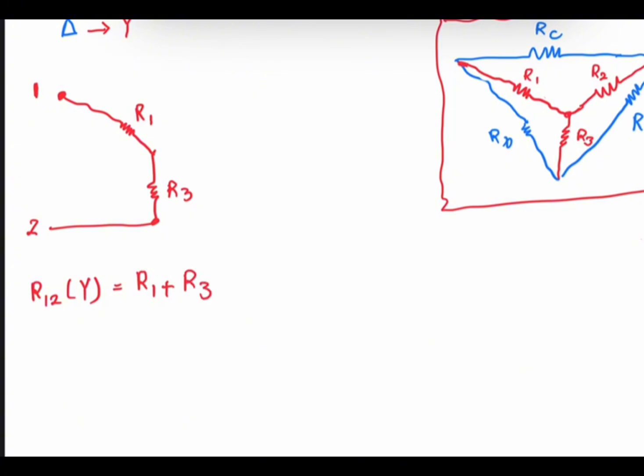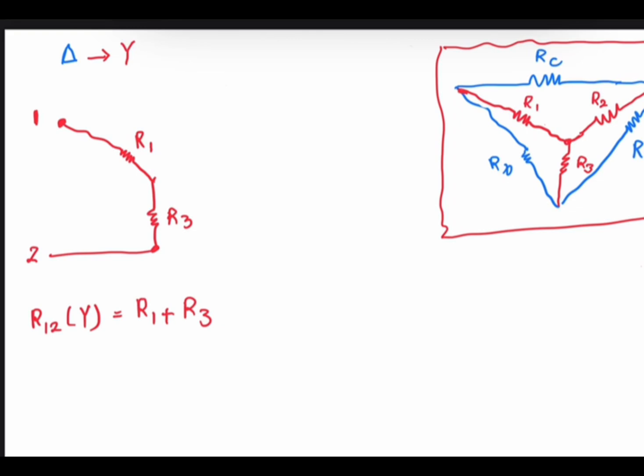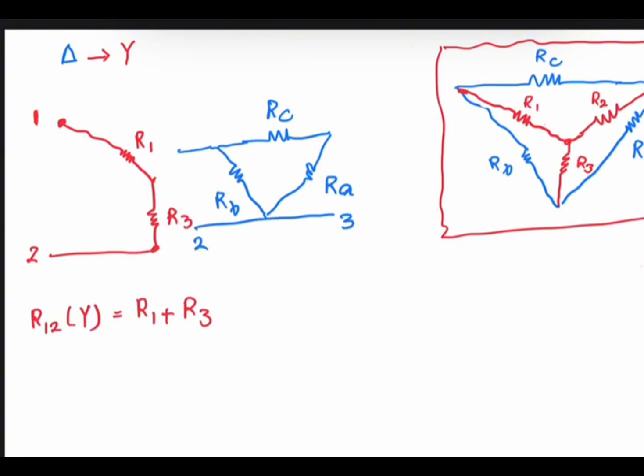And if I am interested in the same terminals for the delta network, I can redraw my delta network. I have RC, I have RB, and I have RA here. These are connected to terminal 2, here 3, here I have terminal 1, and here I have terminal 4.